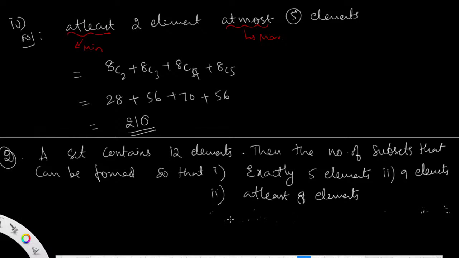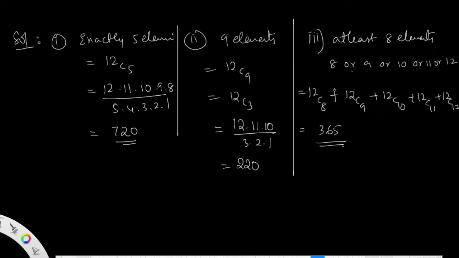Exactly 5 elements means out of 12 we select 5, 12C5. Exactly 9 elements is 12C9. At least 8 elements can be 8 or 9 or 10 or 11 or 12, so we write 12C8, 12C9, 12C10, 12C11, 12C12. Finally we get the value 365.